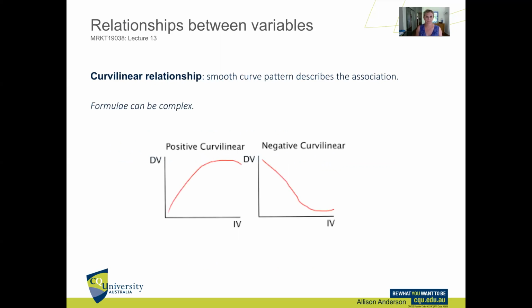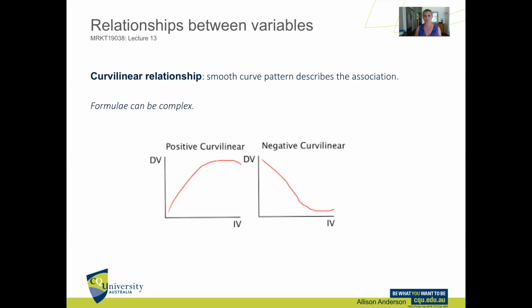Right. Okay. Then there's a curvilinear relationship. This is characterised by a smooth curve pattern, and the formula can be really complex, and sometimes just finding the formula is actually the trick, because if you can find the formula for that, then you may be able to predict occurrences in the future. So you can have a positive curvilinear as shown on the left, or a negative curvilinear on the right.